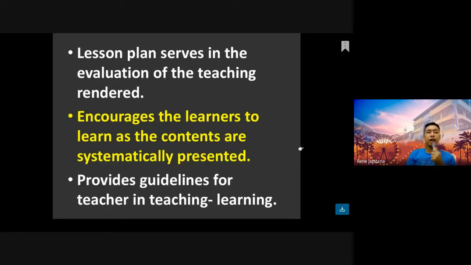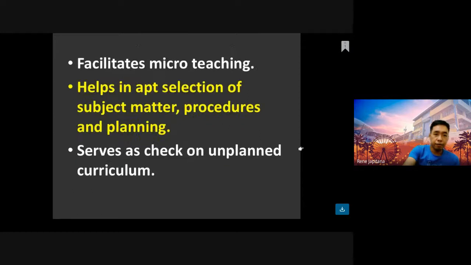Next one, it encourages the learners to learn as the contents are systematically presented. That is due to the lesson plan, the topics and subject matters being arranged and organized by the teacher. It also provides guidelines for the teachers in teaching and learning, facilitates micro teaching, and helps in the selection of subject matter, procedures, and planning.